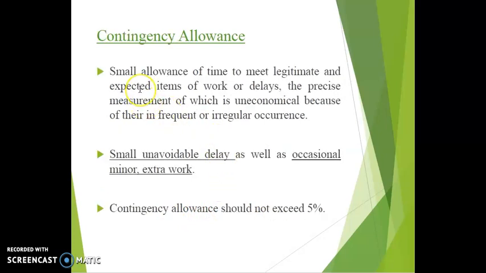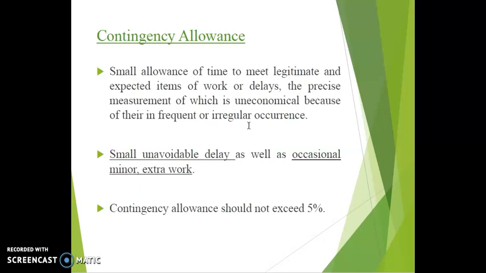Contingency allowance is provided. Why is it provided? Usually it is a small amount of time to meet the legitimate and expected items of work or delays, the precise measurement of which is uneconomical because of their infrequent or irregular occurrence. Usually this allowance is provided for small unavoidable delays as well as for occasional minor extra work.